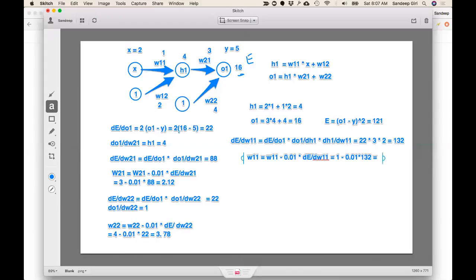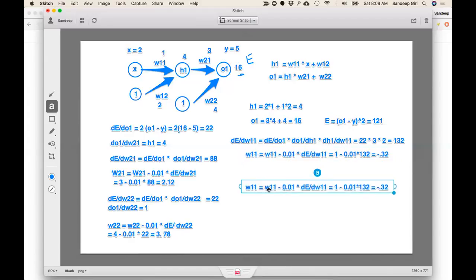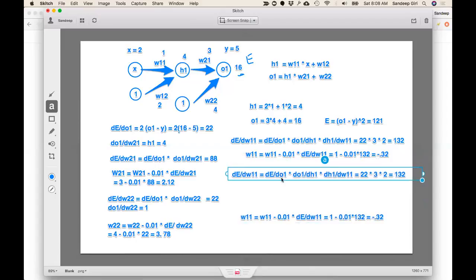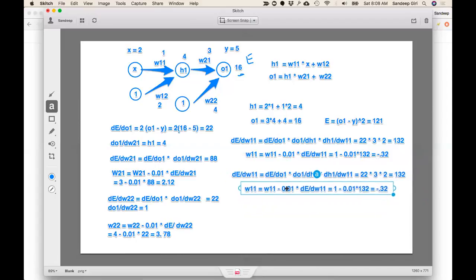So this is equal to minus 0.32. Thank you, Bintao. Wonderful, so we get the new value of W11. These expressions look crazy because we are not used to working with equations for so long, but these are actually really easy. If you break the entire thing into parts, then everything will look really simple to you.